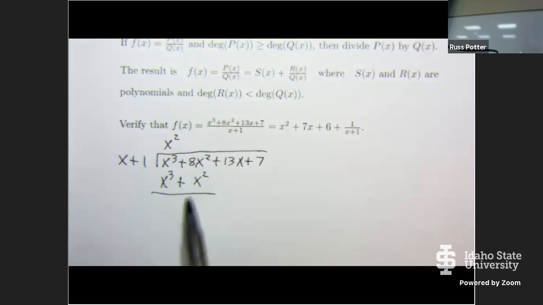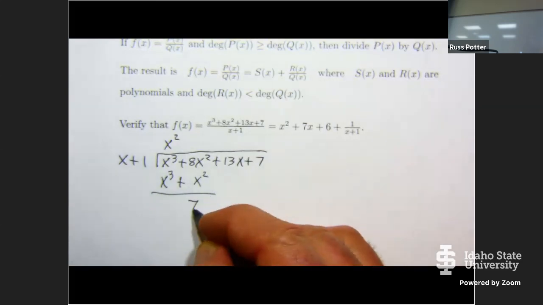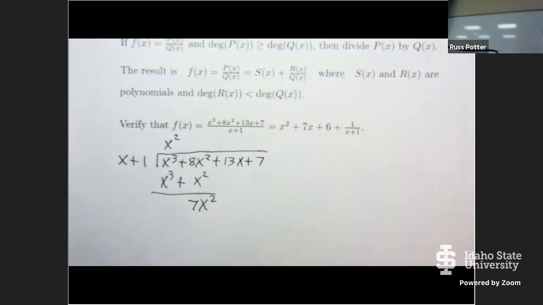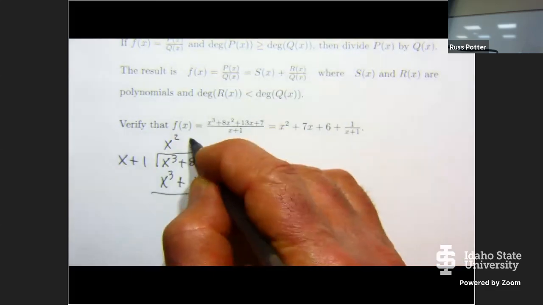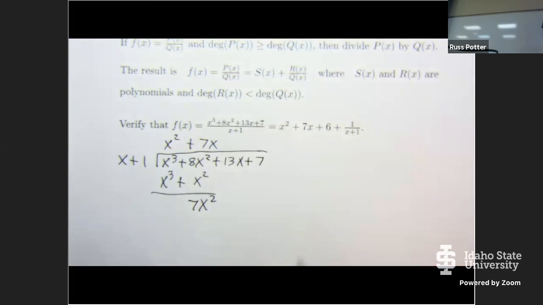Then we subtract. X to the third minus x to the third is 0. 8x to the second minus x to the second is 7x to the second. And then we start the cycle over again. X will go into 7x to the second plus 7x times.